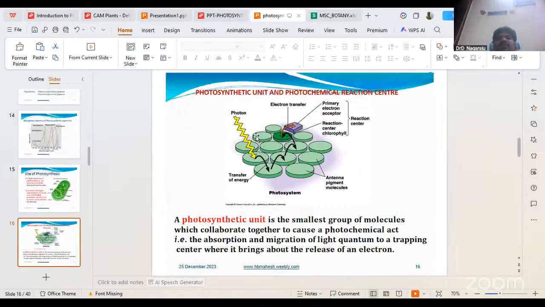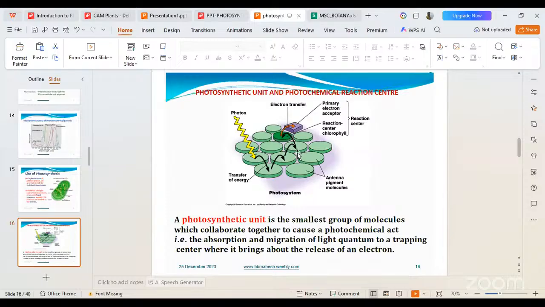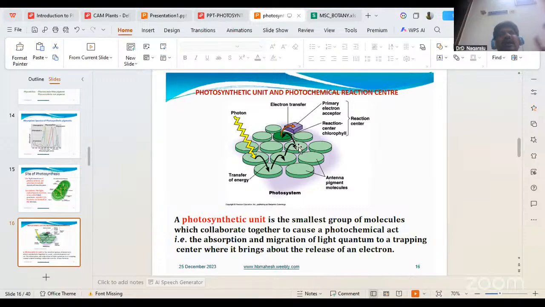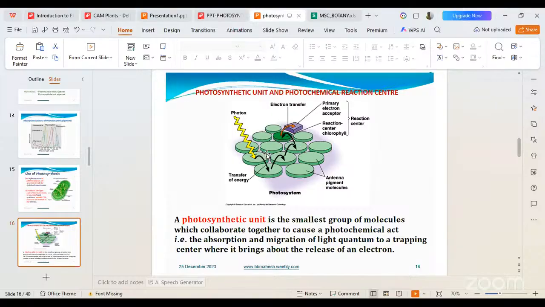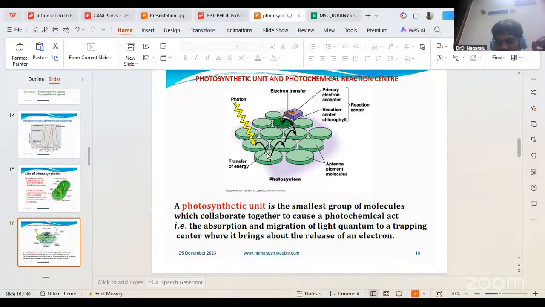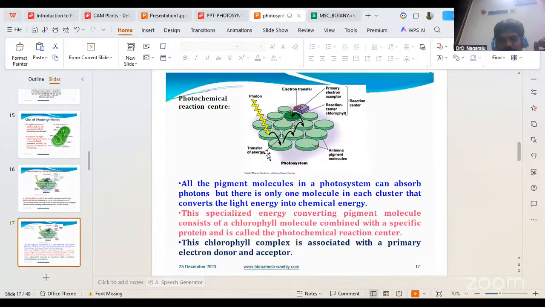You see here, there is a light harvesting complex, PS1, PS2, and light harvesting complex. These three are the main photochemical reaction sites. The light harvesting complex absorbs the light, especially the light harvesting complex, photosystem 1 and photosystem 2.